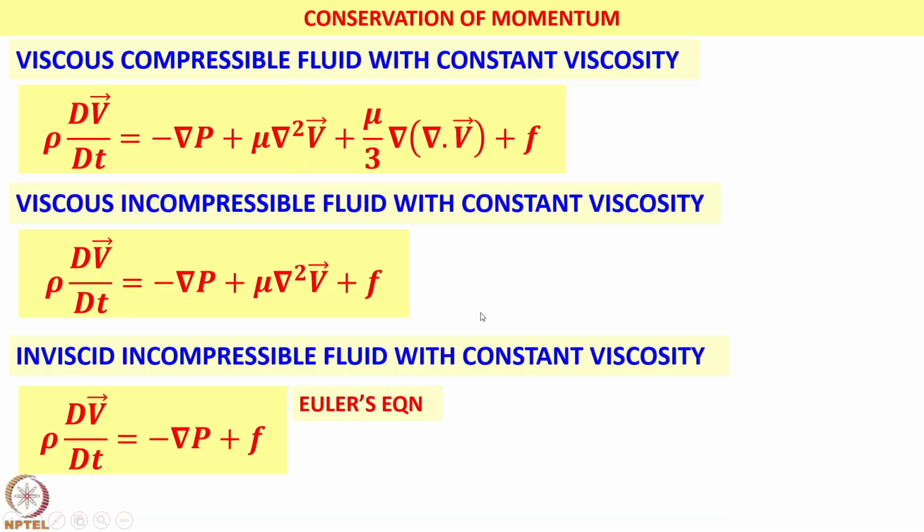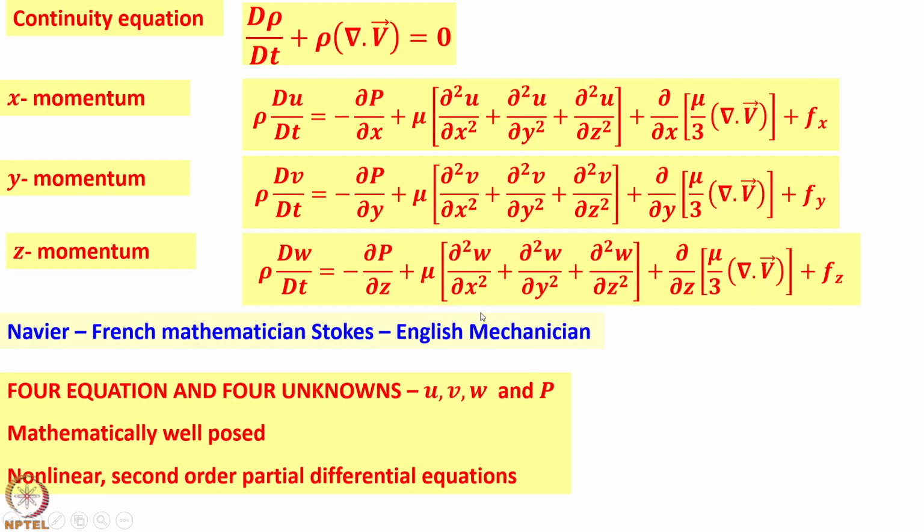So, if you write the complete equations, what you have gotten here is that the conservation of mass, that is the continuity equation, is d rho by dt plus rho of del dot v equal to 0. This is the continuity equation.